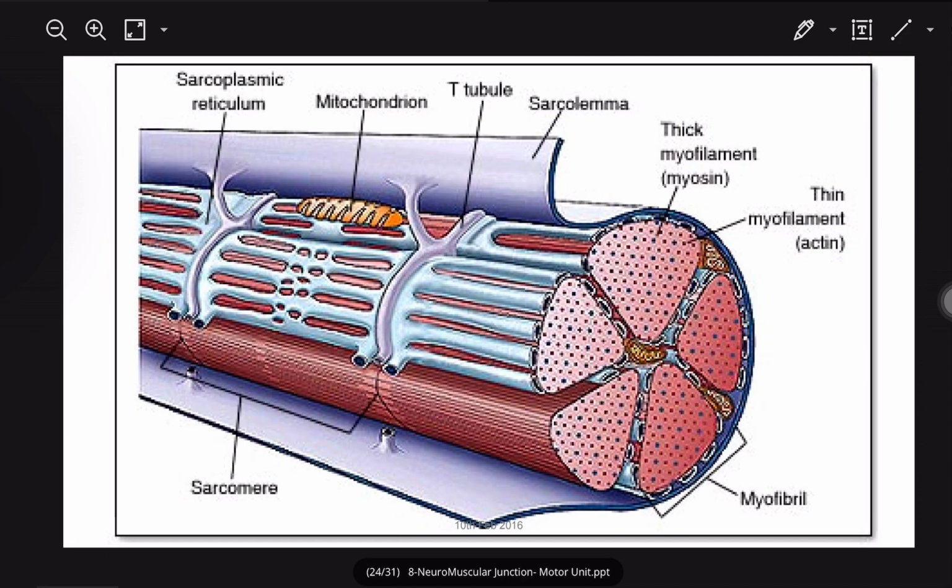So this is where I was looking. This is the sheath, the sarcolemma sheath. It's not myelination, but it's a sheath similar to it. So they go all the way to the muscle. When we look at them, the sarcoplasmic reticulum is here.